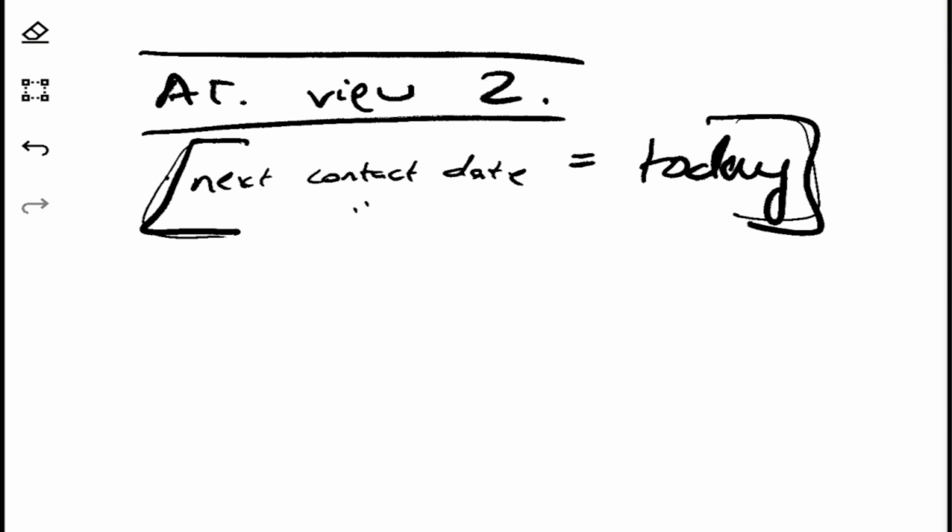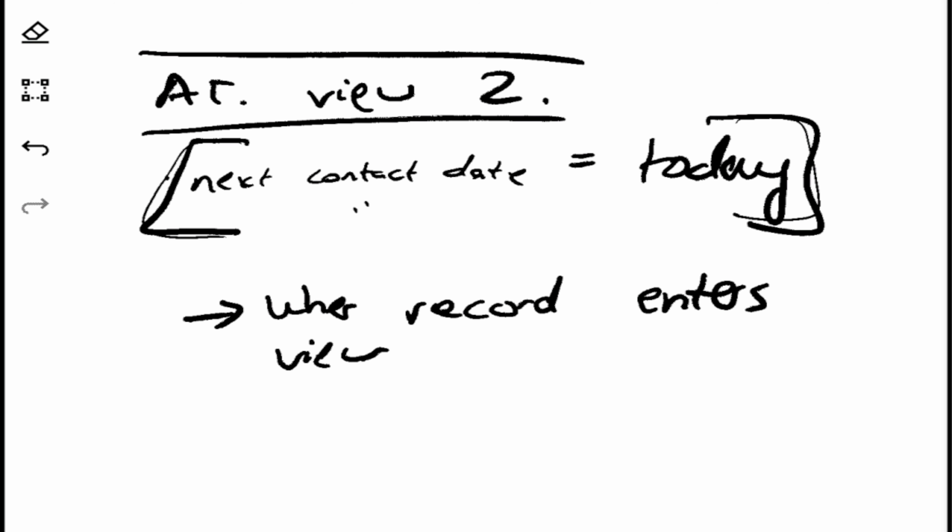What we need to do here is, when a record enters this view, a few things need to happen. Number one, we need to pull up previous conversation.